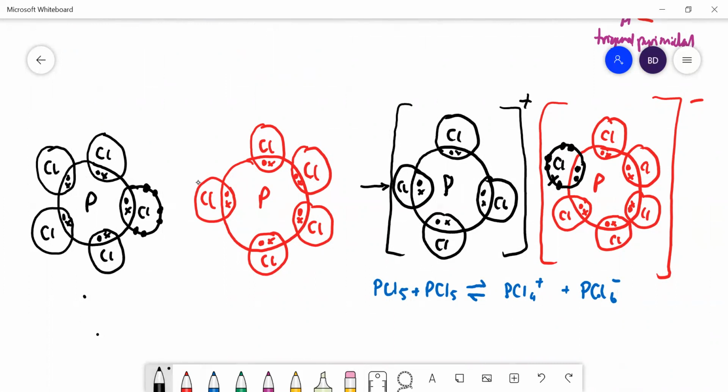What happens is you get this equilibrium reaction, far over to the left, but some of it turns into PCl4+ and some into PCl6-. So what has happened is that the black one gives away a chloride ion to the red one.